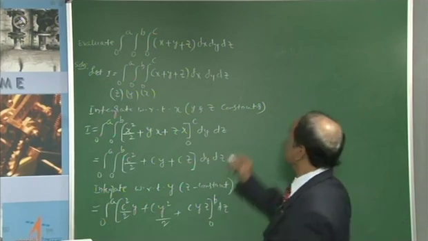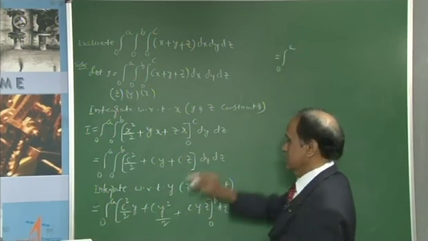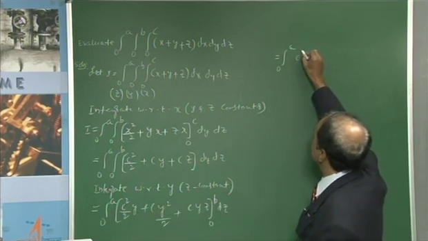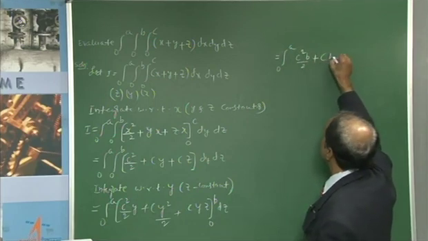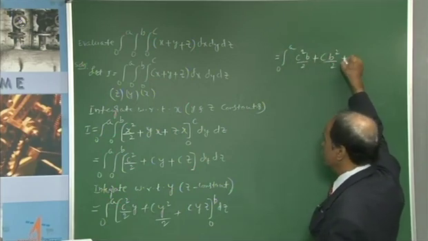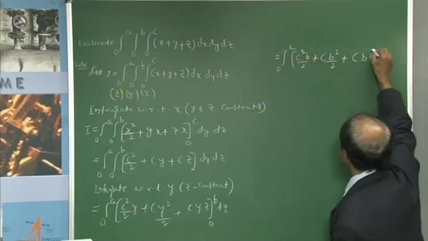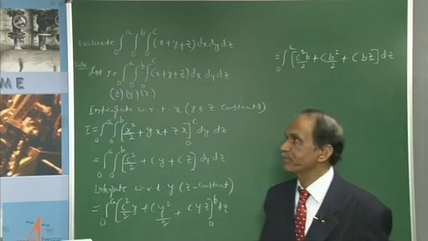Then that is equal to 0 to a, then you will replace y by the upper limit: c square b by 2 plus c into b square by 2 plus c into b into z, close the bracket, then it should be dz.